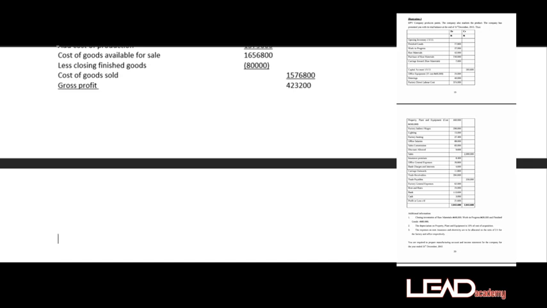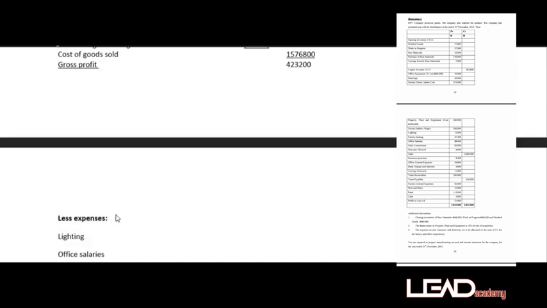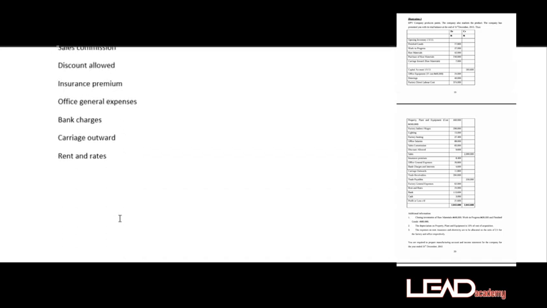In some cases there is additional information that you won't pay attention to, and it's going to cost you a lot whenever you miss those additional informations. So when you list those expenses out, that's when you begin to look at the figure in the trial balance, then look at the additional information if they have any additional expenses on those particular expenses. So I have listed all my expenses.